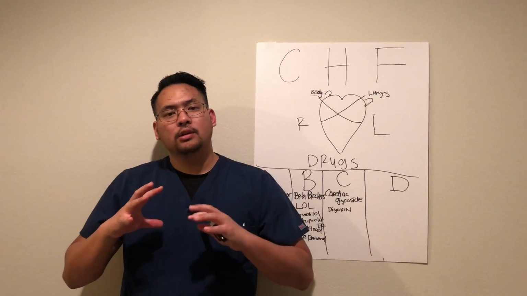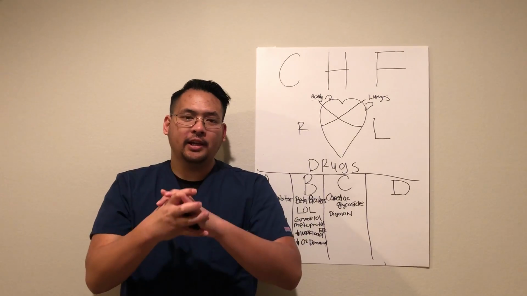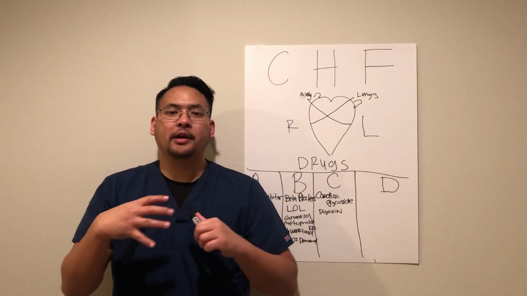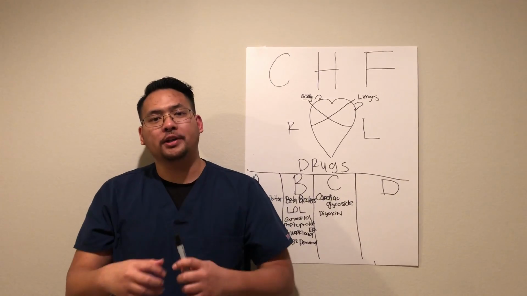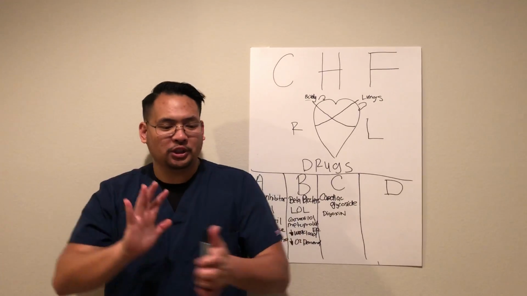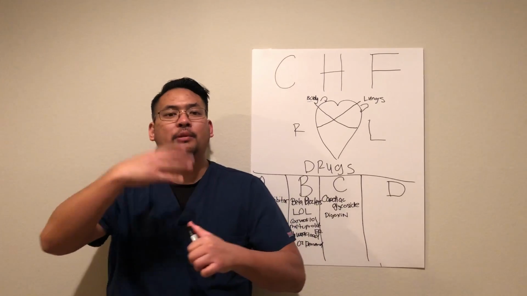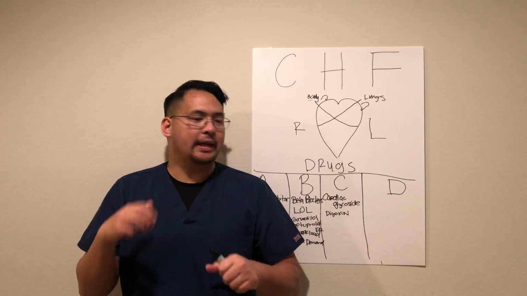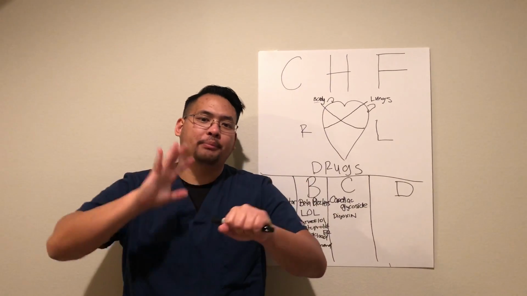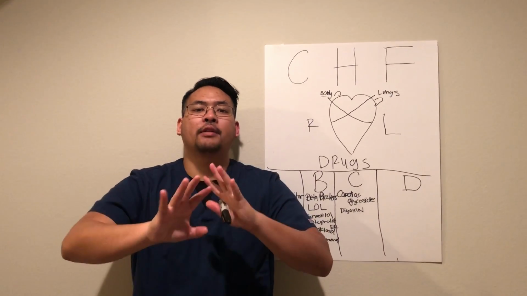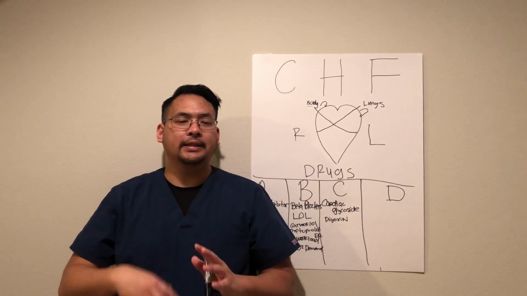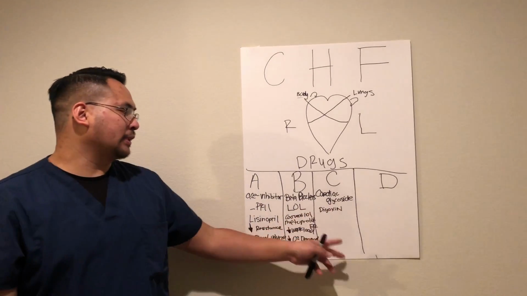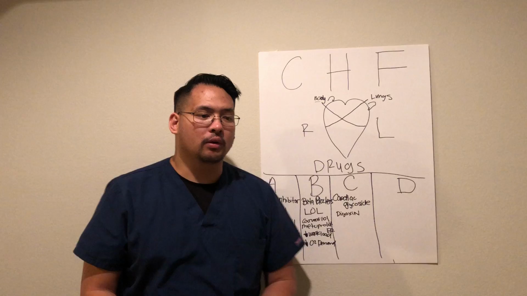So it increases the contractility and the myocardial contraction of the heart. So it's making the heart push harder so that the blood can flow. An example I like using is a ketchup bottle. The pressure it puts on the heart to push out all the blood is what cardiac glycosides like digoxin do.